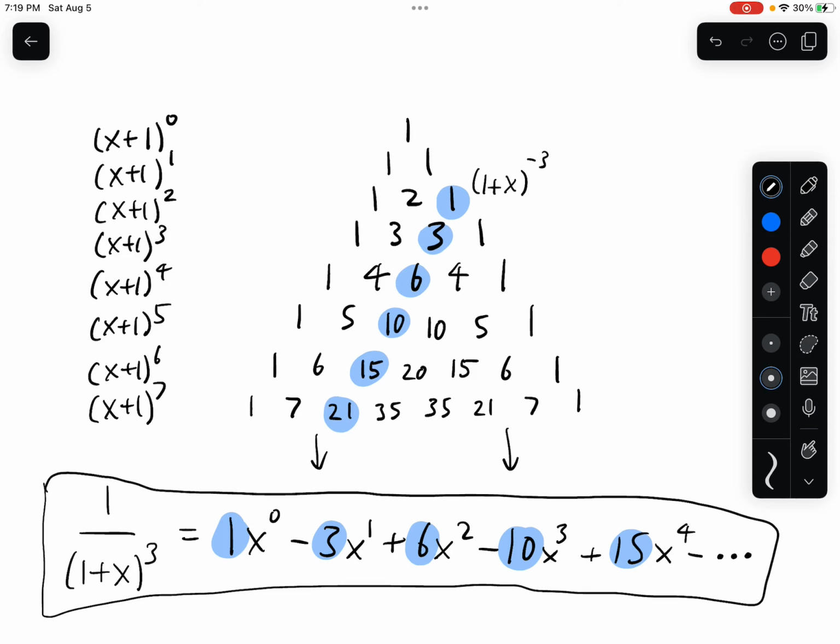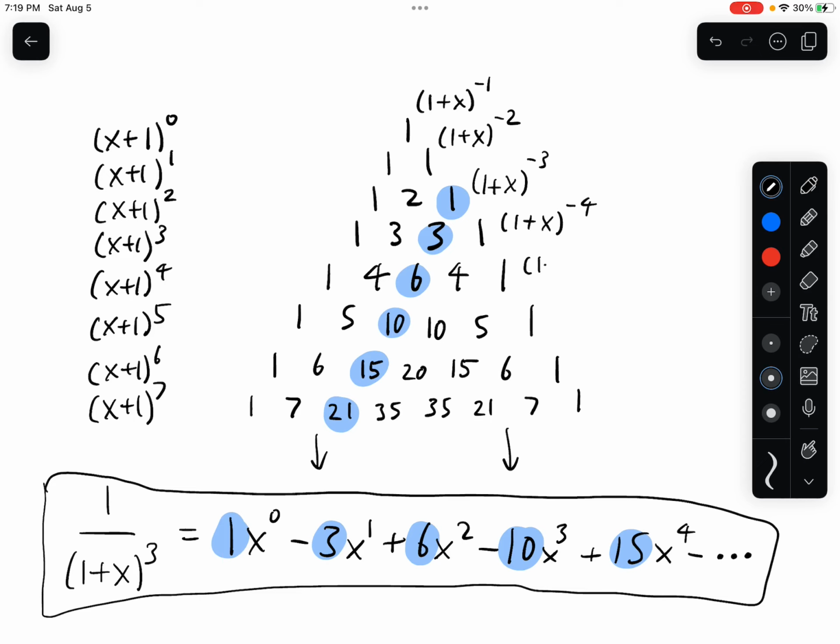And this actually continues. This corresponds with 1 plus x to the negative second. And this is 1 plus x to the negative first. And this is 1 plus x to the negative fourth.